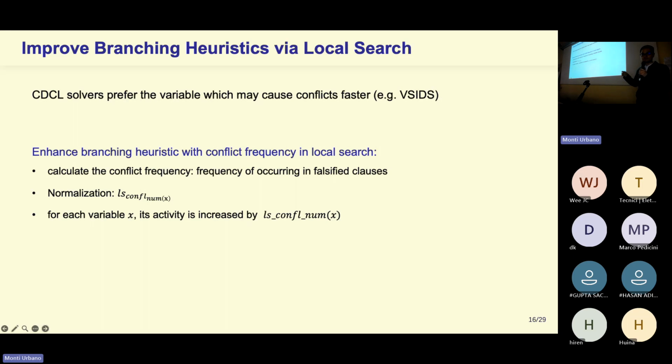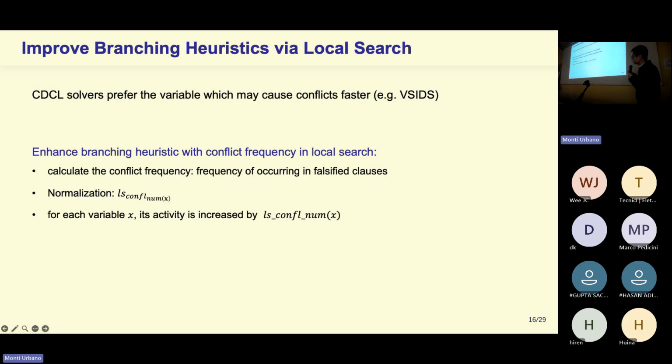So CDCL solvers prefer to find a variable that can cause conflicts faster, and this is the heuristic called VSIDS. So we gather the conflict frequency of variables in local search. This frequency means that if a variable occurs more frequently in unsatisfied clauses, it may be more likely to cause conflict together with other variables.